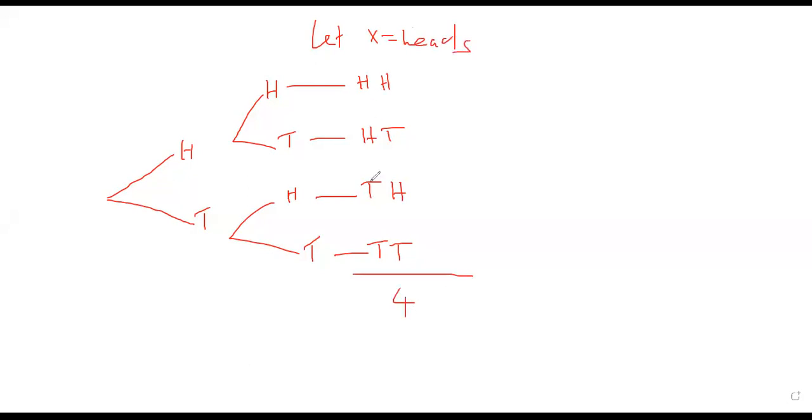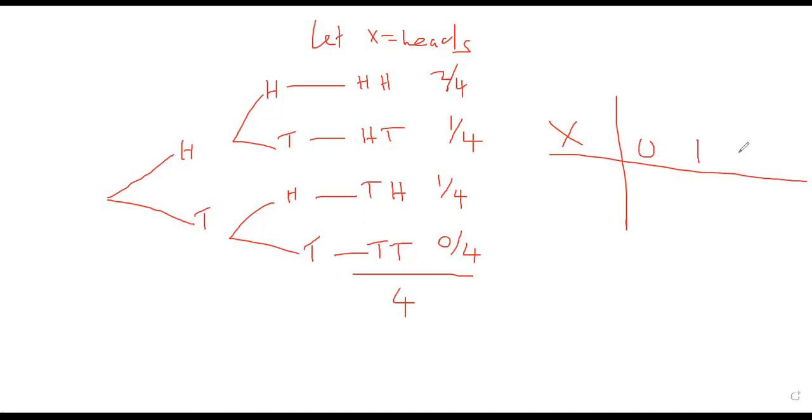How many heads do we have here? 2 out of the 4 outcomes. How many heads do we have here? 1 out of the 4 outcomes. How many heads do we have here? 1 out of the 4 outcomes. How many heads do we have here? 0. Okay, so there are only the numbers 0, 1, and 2. So we can let the values of the variable X that we're looking at be 0, 1, and 2.